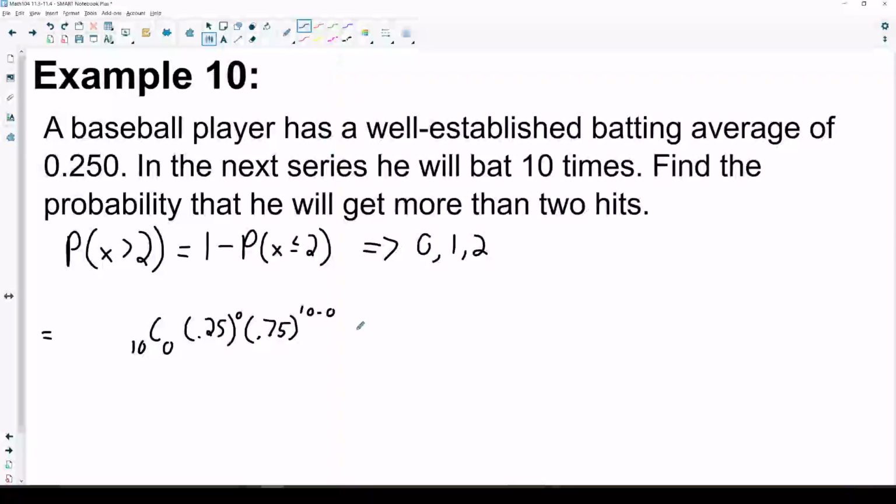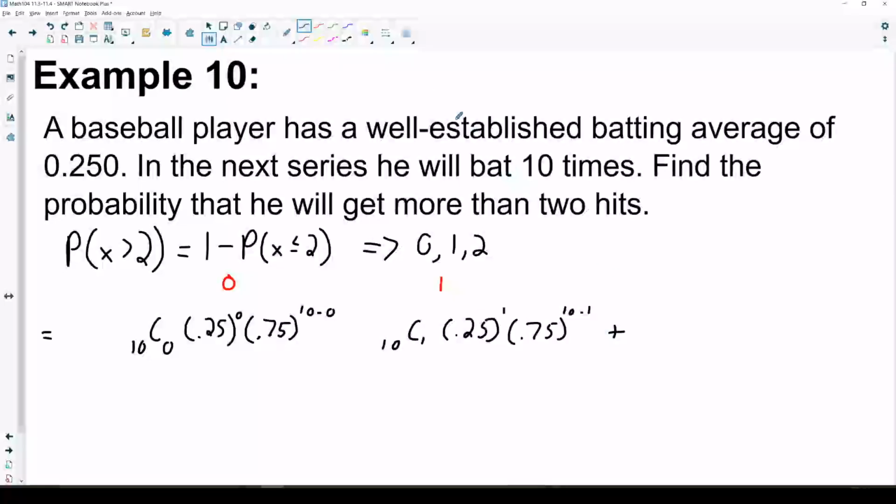That's the possibility of getting 0 hits. We also need to figure out the probability of getting 1 hit. So 10 choose 1. Again, success probability is 0.25 to the first, times the probability of a failure, 0.75 to the 10 minus 1, or 9.